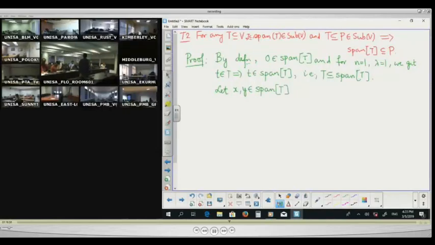Now if x is 0, x plus lambda y is just lambda y. If y is 0, yeah? And if both are nonzero, let me expand it.